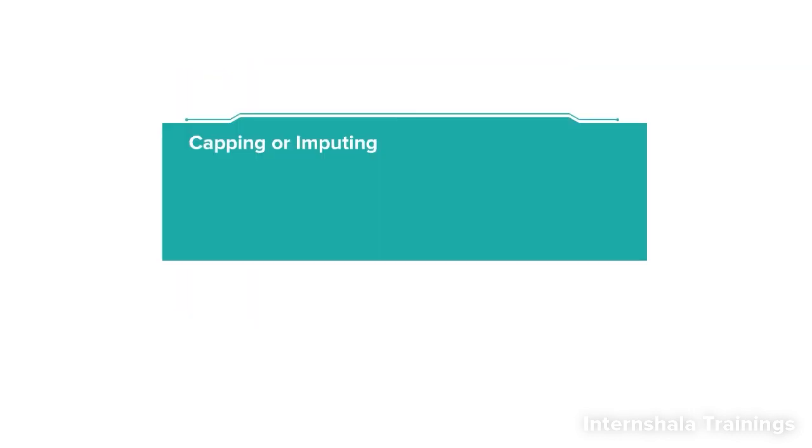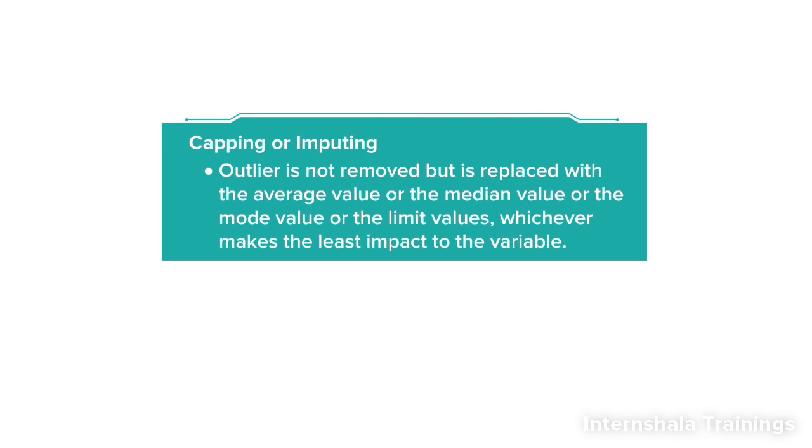In the capping or imputing method, we do not remove any values, but impute or replace the outlier values using the average value or the median value or the mode value or the limit values. While we don't really know the right values to replace outliers with, we try to replace them with values that make the least impact to the variable.